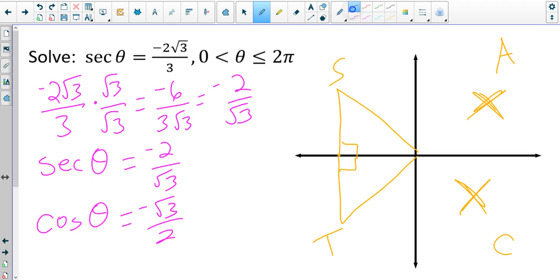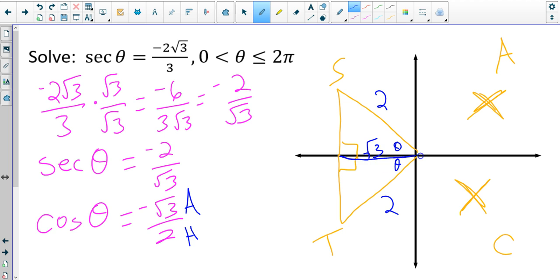Cosine is equal to the adjacent over the hypotenuse. So I'm going to label my adjacent, which for an angle theta here, the x value would be the square root of 3 for the adjacent, and the hypotenuse is going to be 2 in both of them.